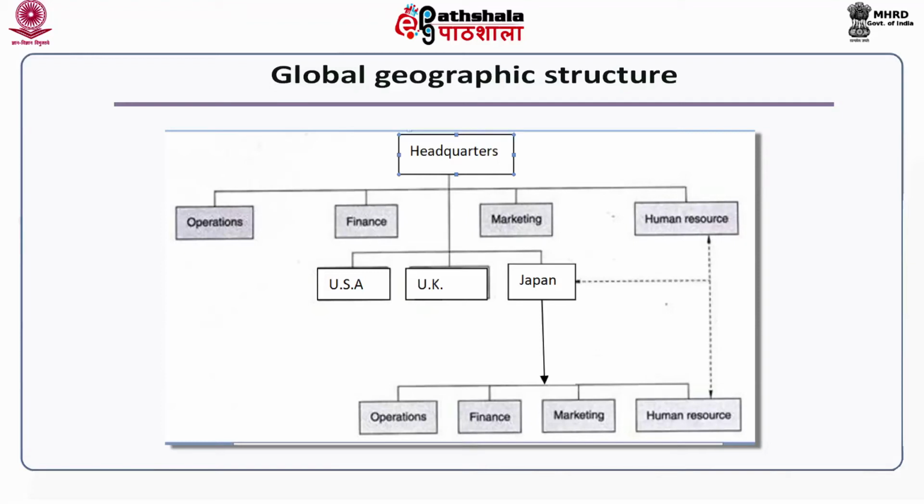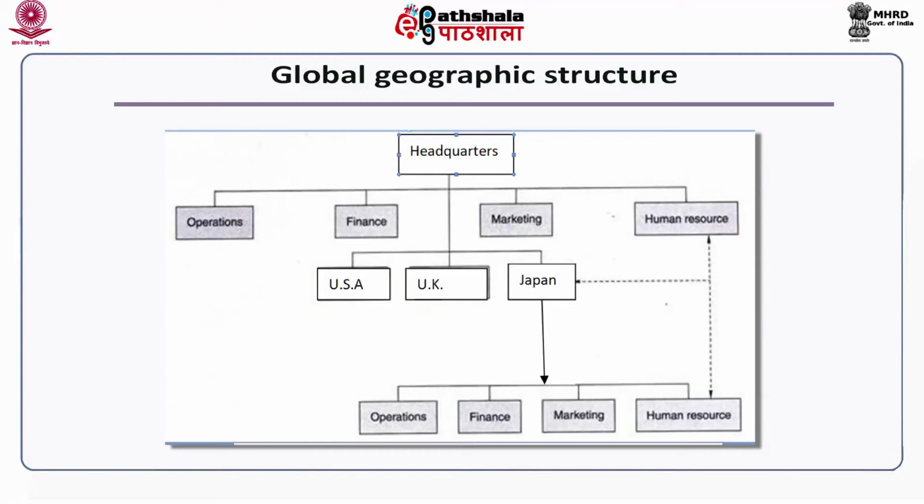As we can see, the structure facilitates the subsidiaries' head to focus on the local market requirements, and they can respond quickly because in each country a company has its functional department. Like in Japan, the company is having its operations department, finance department, marketing department and human resource department.